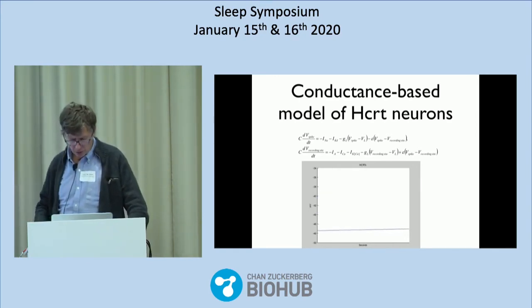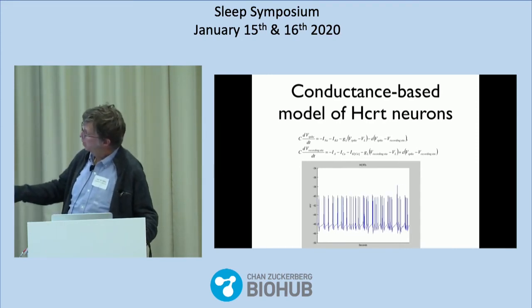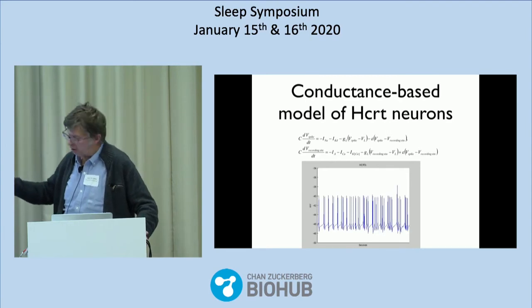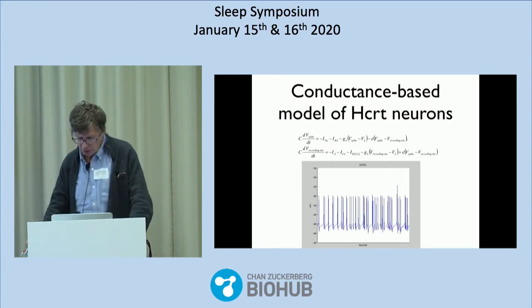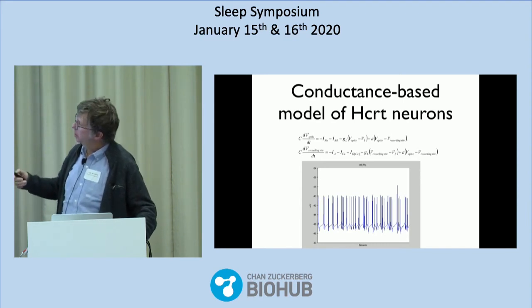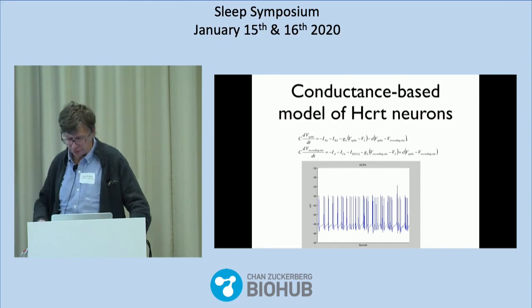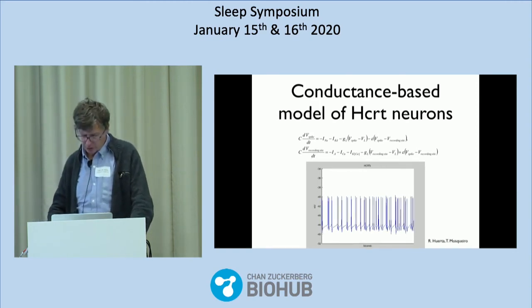And so this is an in silico trace of a modeled hypocretin neuron, okay, that very much looks like an in vivo trace. So we asked our collaborators to modify each of these components of the equation and see which was most important in changing the excitability of the hypocretin cells.